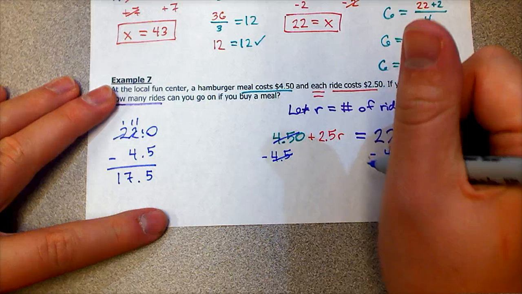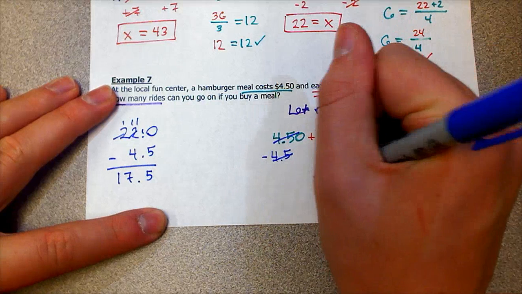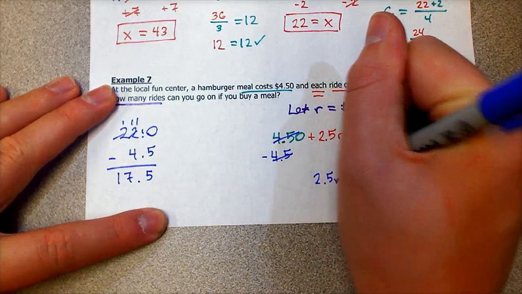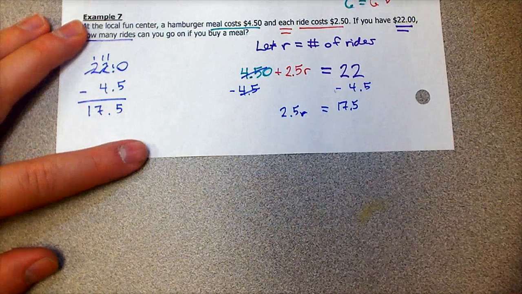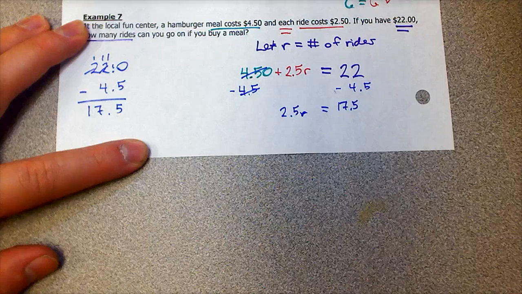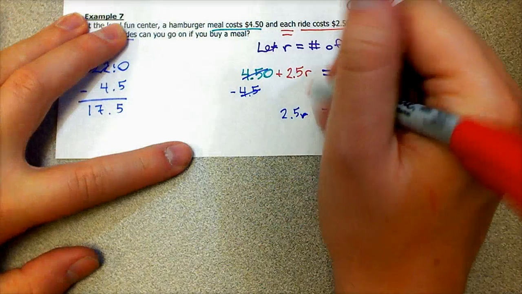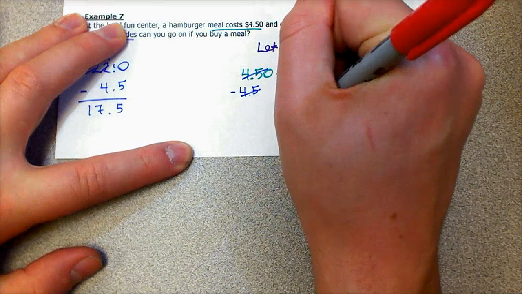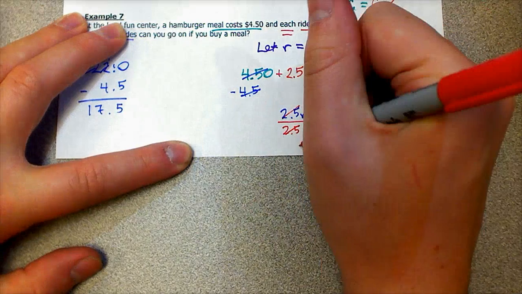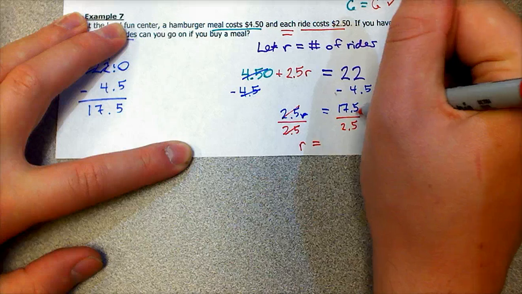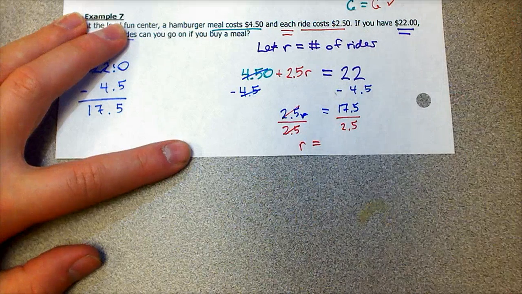So we get 2.5R equals 17.5 as the next line in our equation. And now to get R by itself, I can divide both sides by 2.5. So R is going to be equal to whatever 17.5 divided by 2.5 is.